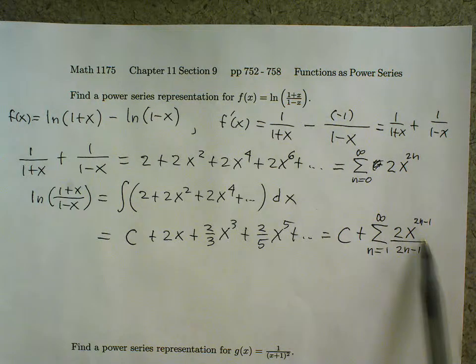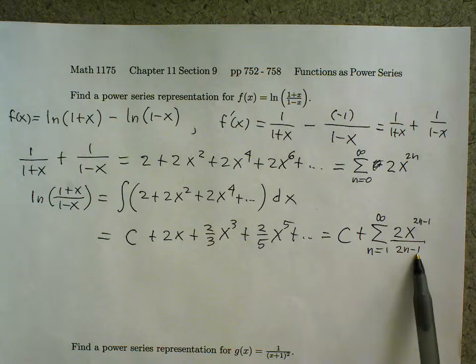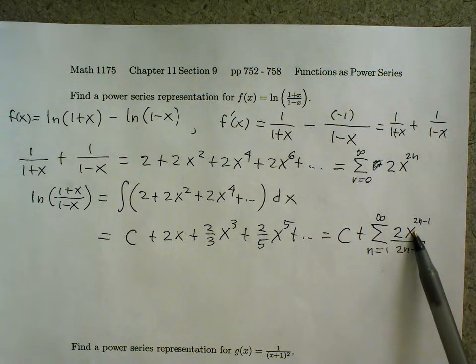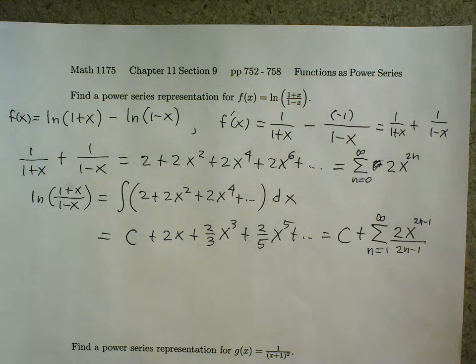So let's check to see if that works. When n is 1, 2 times 1 minus 1 is 1. So that's the first term. When n is 2, the exponent is 3. The denominator is 3. So it looks like that works.